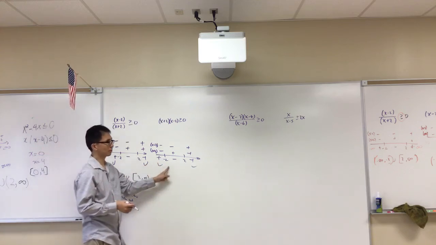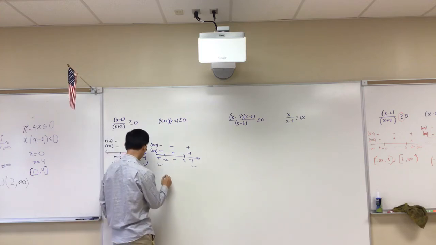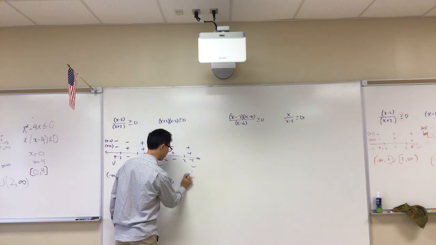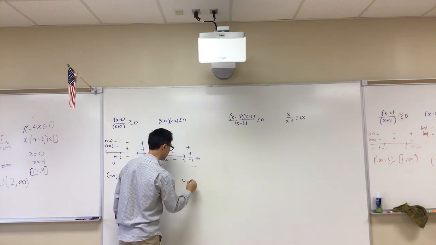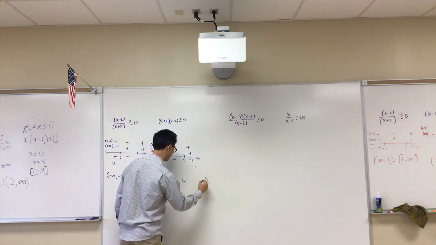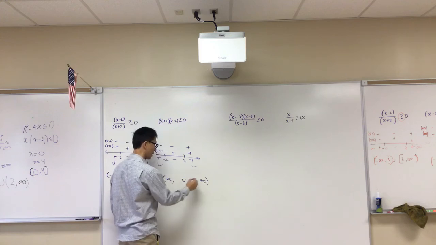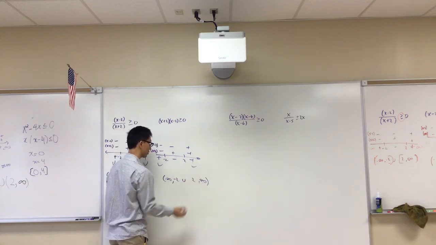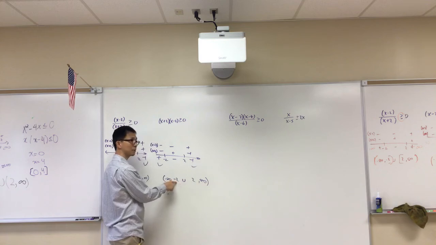How about this one? So same thing, negative infinity to whatever, union from whatever to infinity, and comma. So they go into -2, right? And that's going to start with 2. But do they include -2?